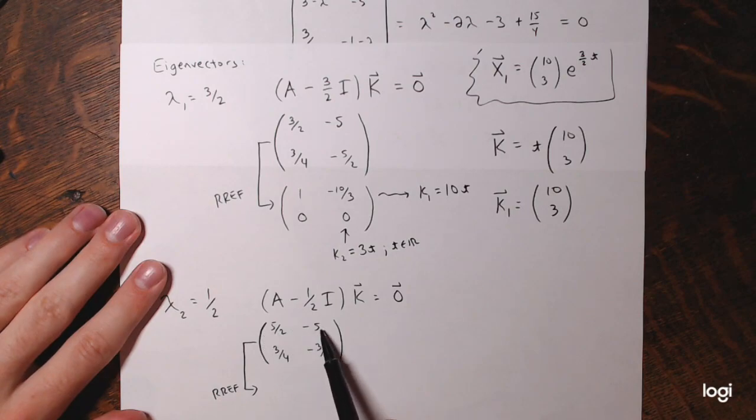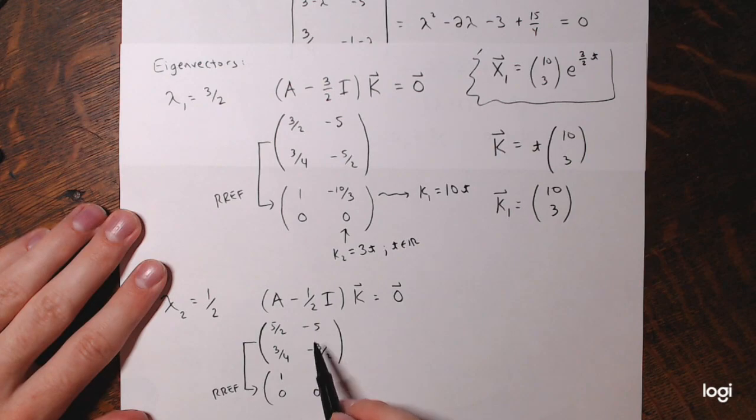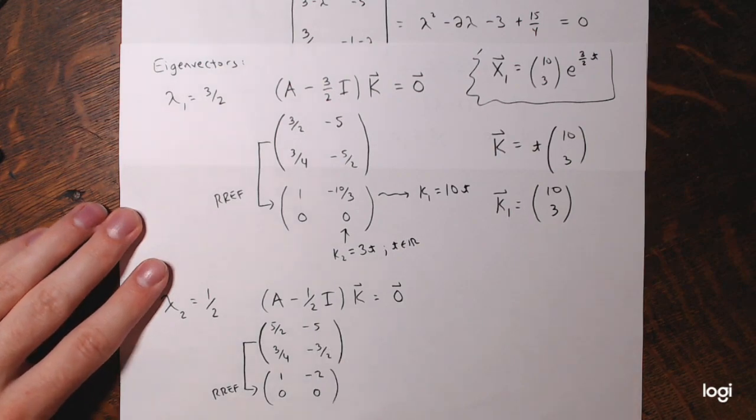If I multiply the top by negative 3/10, you'd get 3/4, negative 3/4, positive 3 halves, and add it to the second row. The second row would be made up of zeros. And then I multiply the top by 2/5 to get that leading 1, and this times 2/5 would just be negative 2. Right.